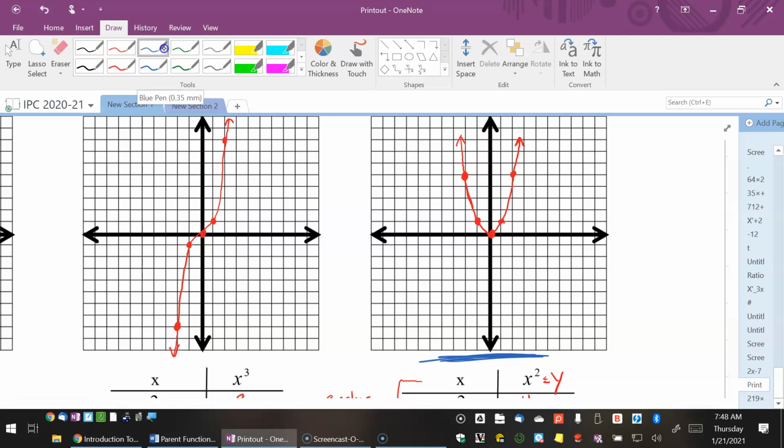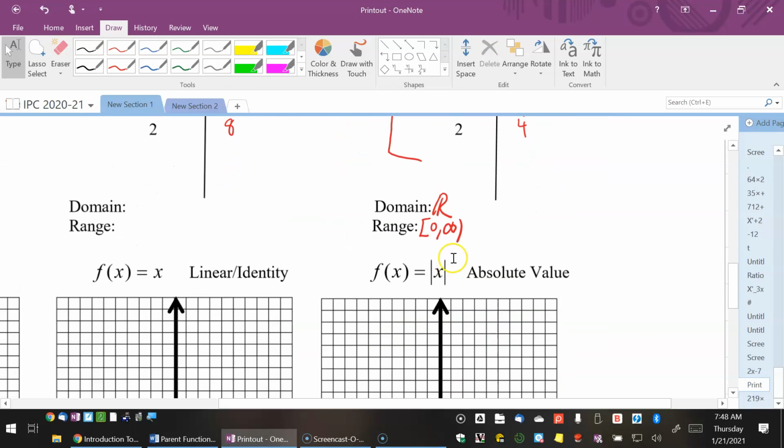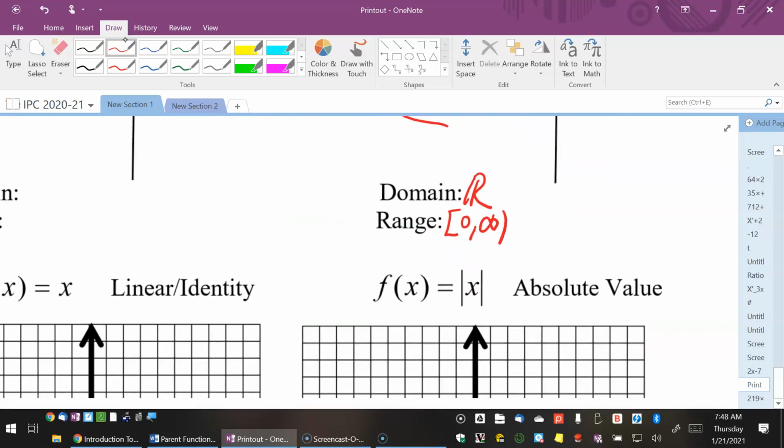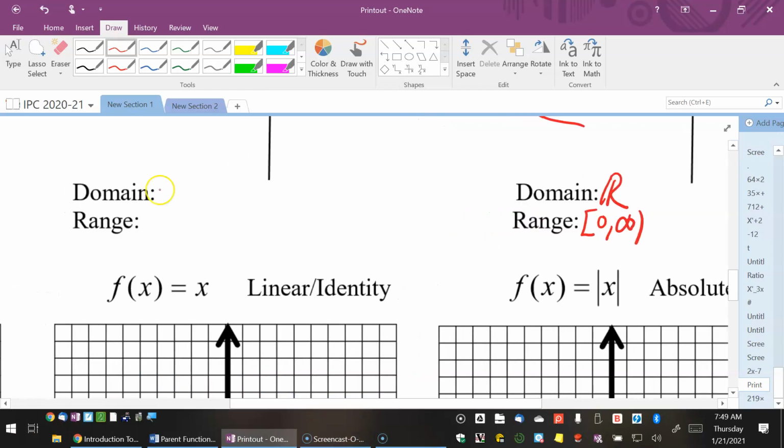How about the range, guys? Also all reals, or negative infinity to infinity. Either one is fine. I prefer just to say all reals because it's a little faster, but writing negative infinity to positive infinity is 100% okay.